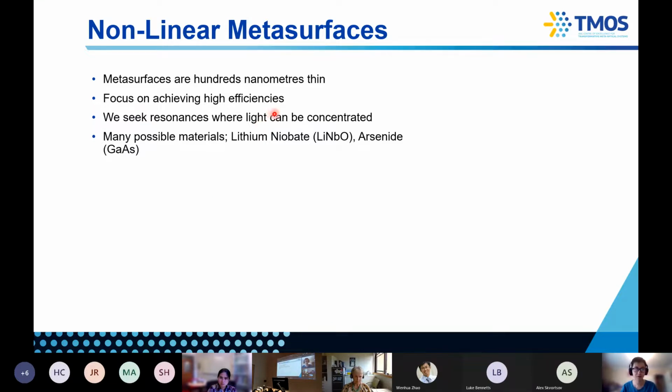The focus is on achieving high efficiencies. This is already a challenge because metasurfaces are usually thousands of times thinner than a crystal used in existing nonlinear applications. And the way to do this is that we seek resonances where the light can be concentrated.